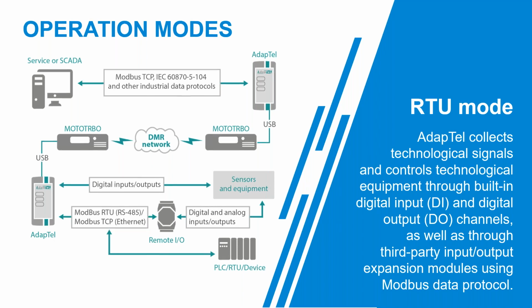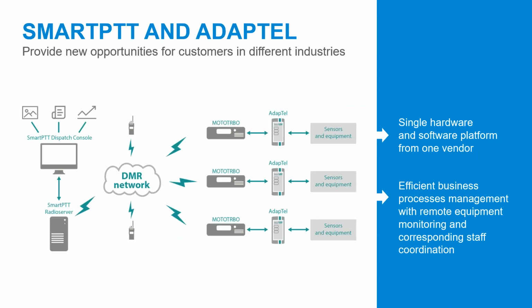Now, in version 9.3, there is a limited capability to do an integration with SmartPTT and AdaptTel. In this case, we can take that data through the DMR network and display information in SmartPTT. However, in 9.3, you have to create your own GUI, your graphical user interface.